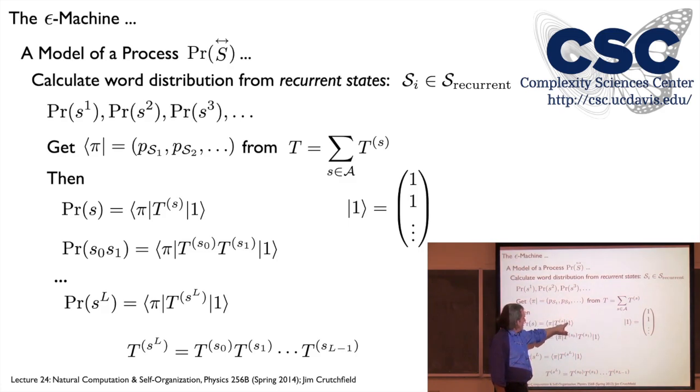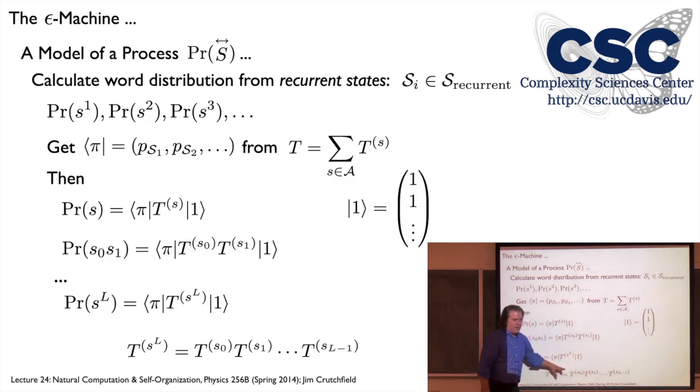I add things up. So I start in any state with this given probability that flows one step through the machine, and then I add up the resulting probabilities to get the probability of a given symbol. That's just for one step. This extends to 2 steps. Same idea. Row vector times now this product of the symbol labeled transition matrix for the first symbol times the second symbol, and then I add them up with that ones column vector.